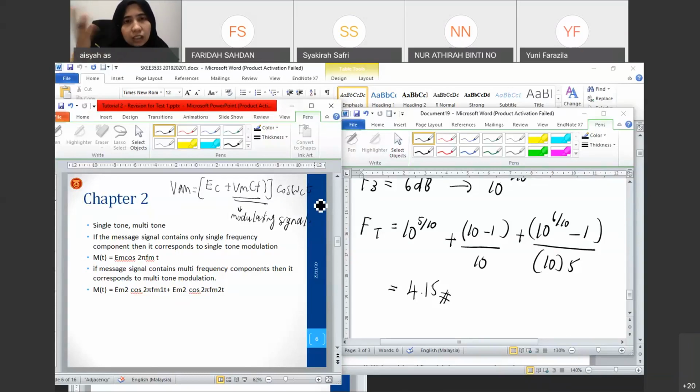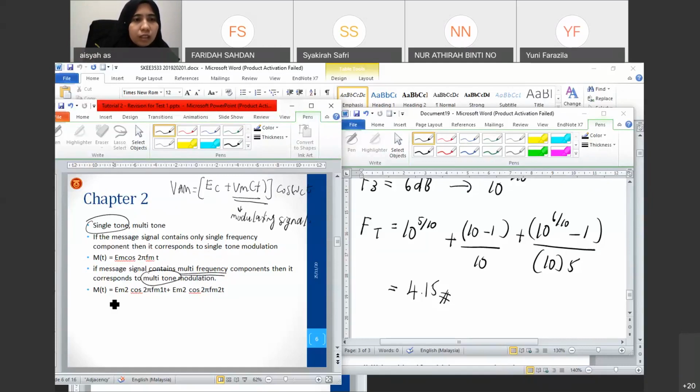Another name for that single frequency modulating signal is single tone. So if the message signal contains more than one frequency, it is multi-tone.